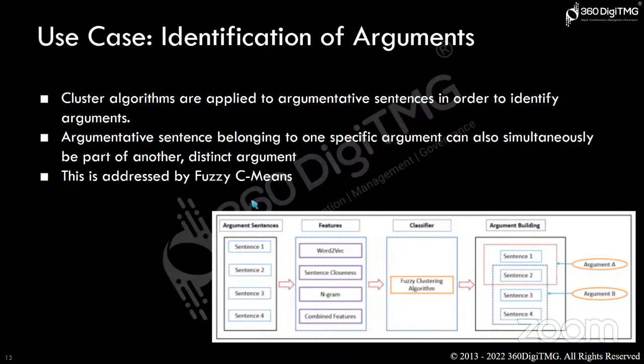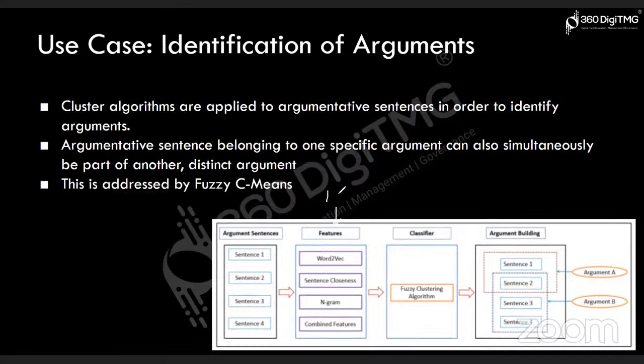So if we see just the main flow of how this works. We have argumentative sentences. We apply some features like word2vec, sentence closeness, n-gram, combined features, okay, to classify it. Okay, so these are feature extraction methods. We're extracting features, pre-processing and feature extraction is done here.